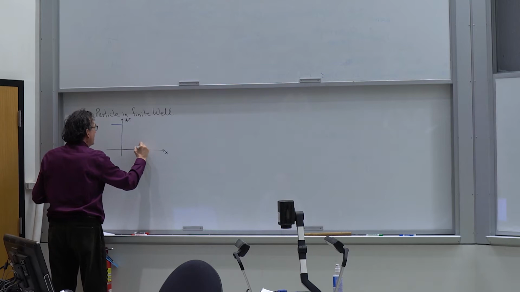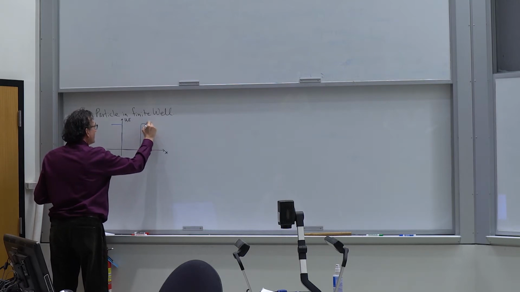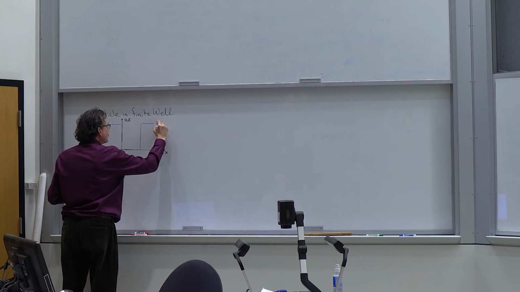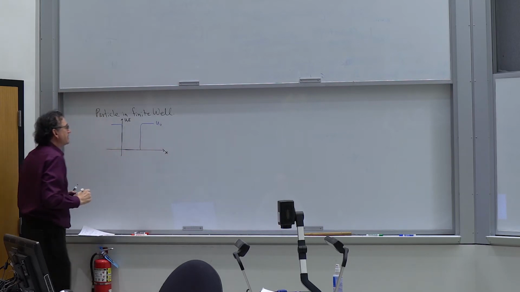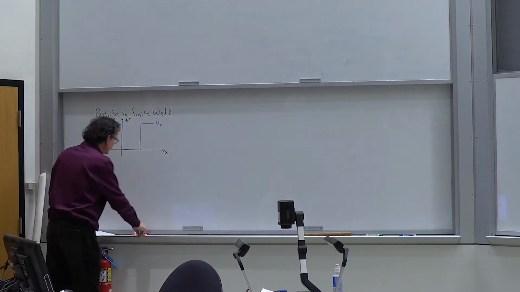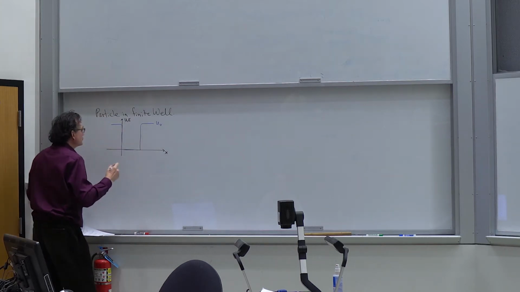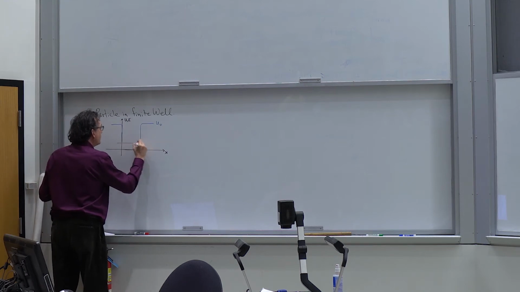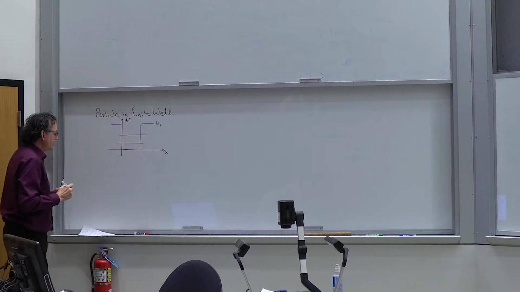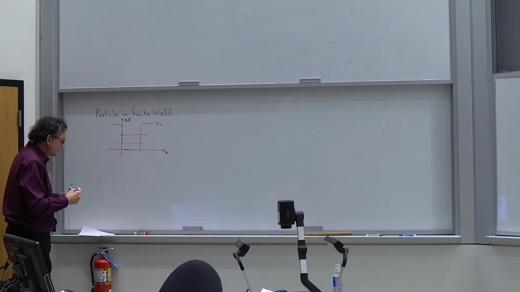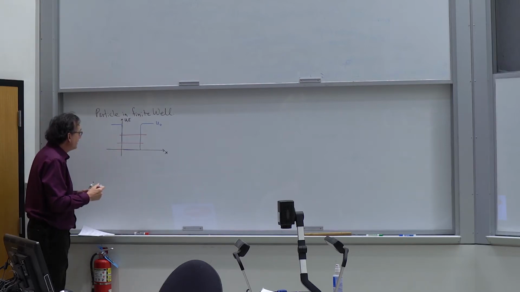The problem that we were solving the other day was one in which there's a potential height barrier of U0. We were looking for solutions for particles trapped in the well. They have energy levels E1, E2, and in addition they have wave functions associated with them.